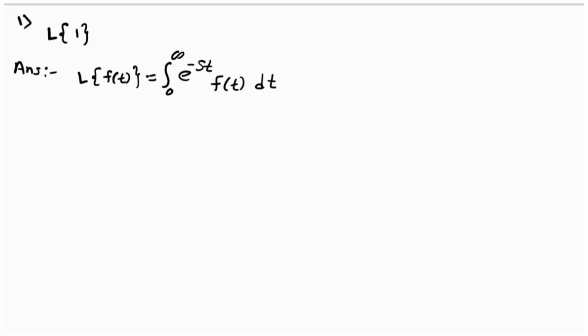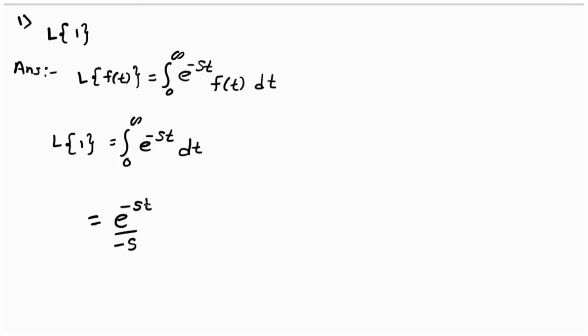Now, in this problem, we have to take f of t as 1. So instead of f, if we write 1, it is e raised to the power minus st into 1 dt. And integration of e raised to the power minus st is e raised to the power minus st divided by minus s, limit 0 to infinity.